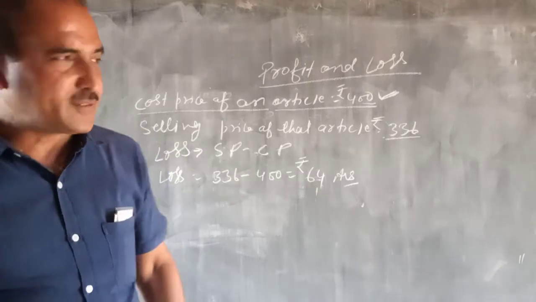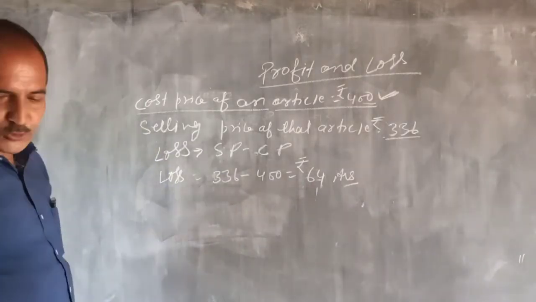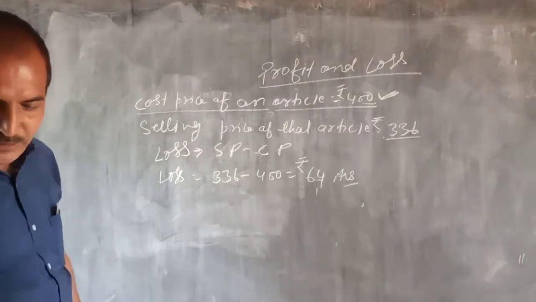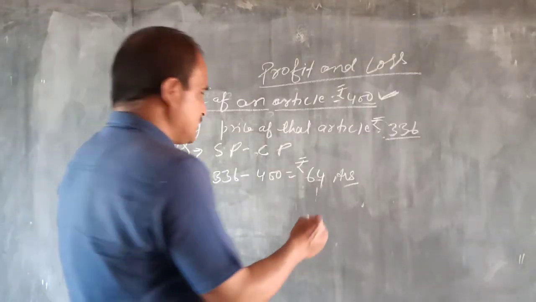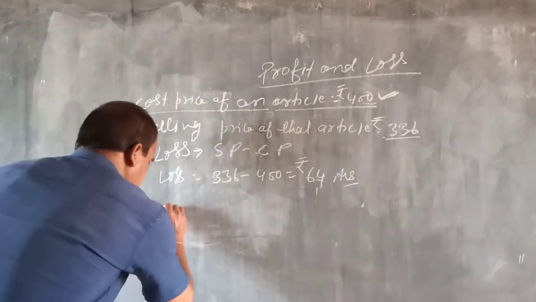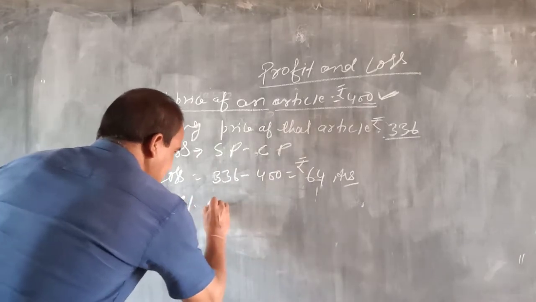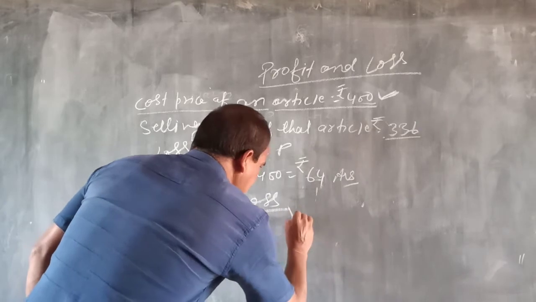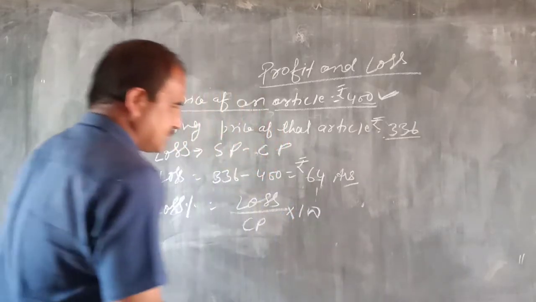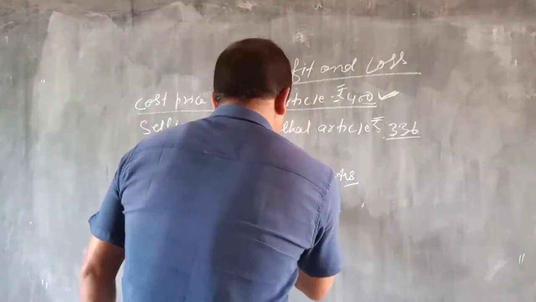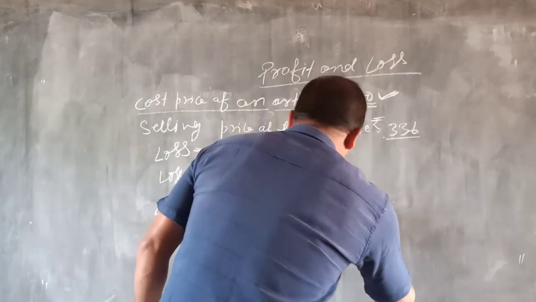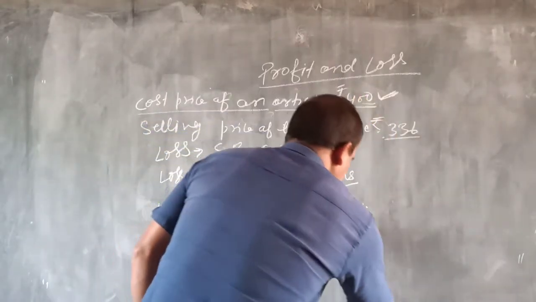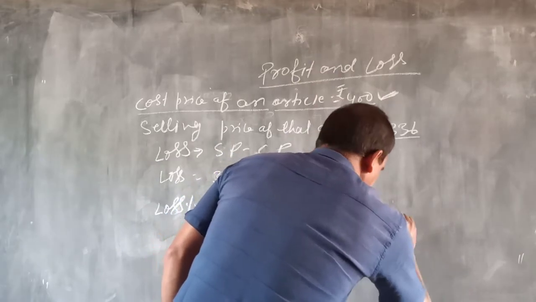And if you have to find the loss percent, then loss percent is equal to loss by CP into 100. Then loss is 64 by 400 into 100.